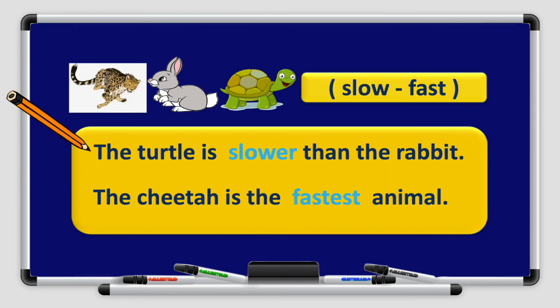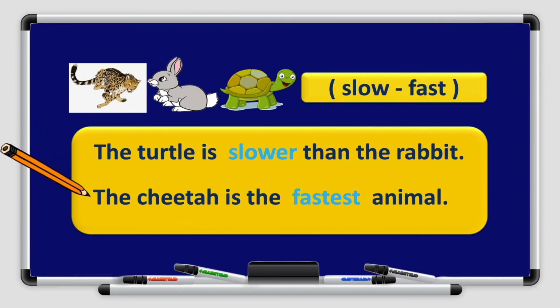Excellent. The turtle is slower than the rabbit. Remember our rule for comparative adjectives? We have the verb is and then the adjective slow plus er and then plus than and then our sentence. The turtle is slower than the rabbit.